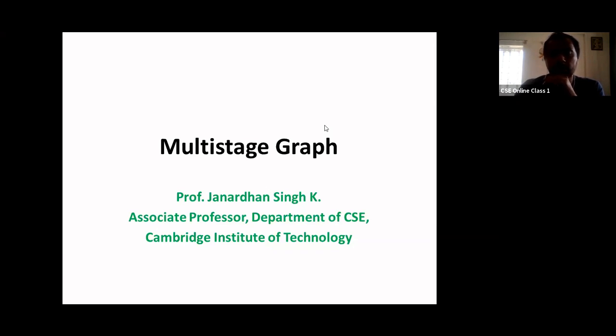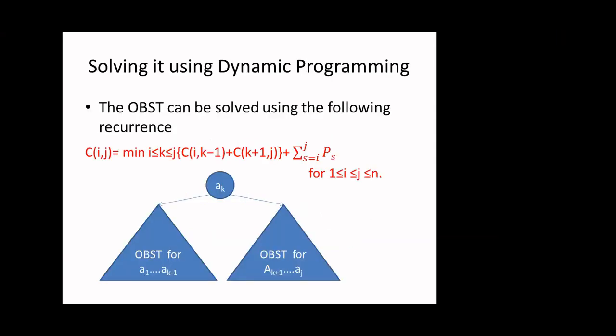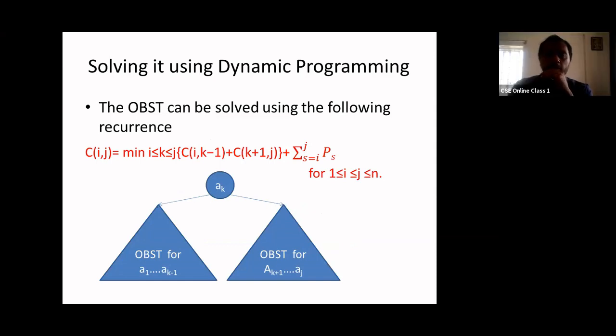OBST, that is optimal binary search tree. So the main concept of optimal binary search tree is to find out the minimal value to be distributed either on the left hand side or the right hand side. So if we have multiple options of distribution, we will pick out one key and try to divide the load towards the left hand side and right hand side.